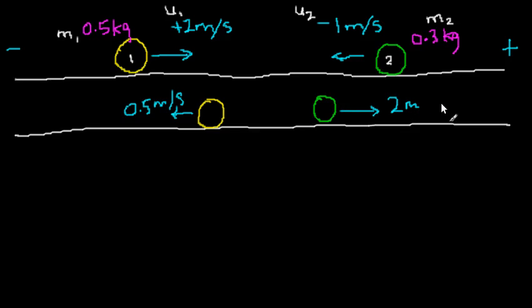Oh no, actually that's not what I want, is it? Now let's say it bounces off with a speed that I don't know, and the question is, how can I find this? So that's the problem.